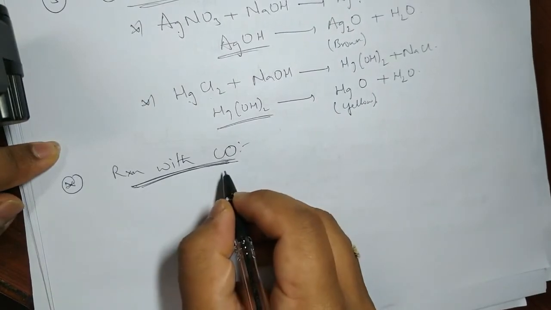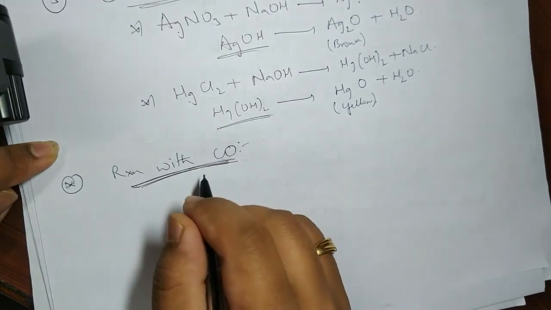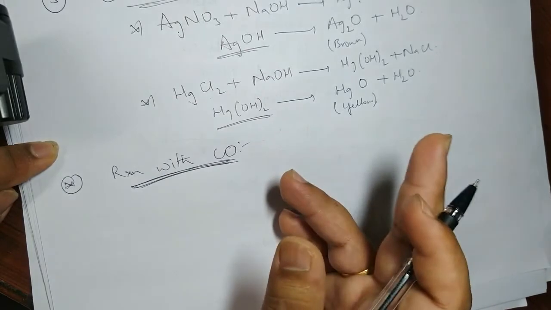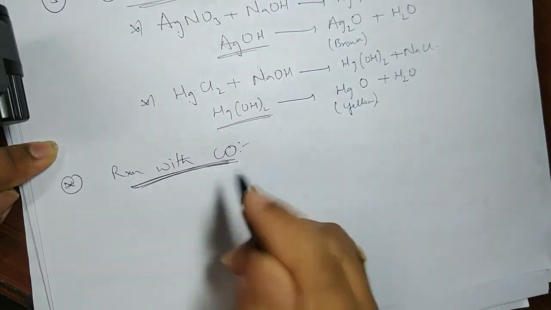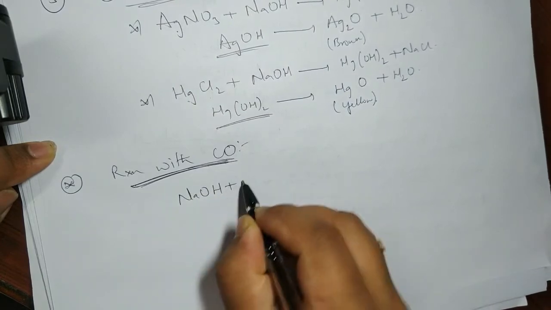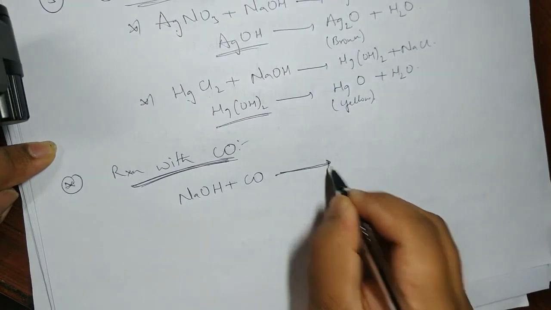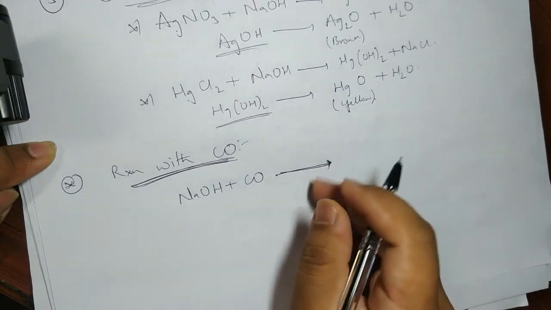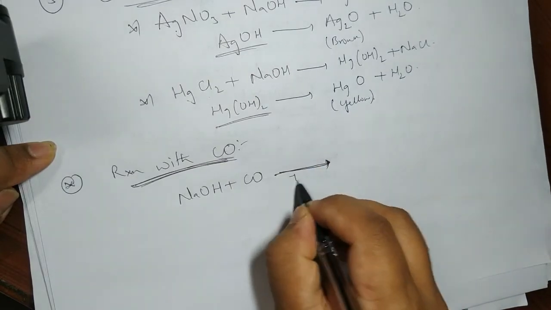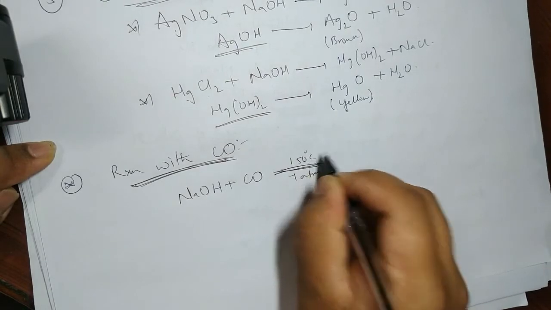So reaction with carbon monoxide: sodium hydroxide forms a carboxylic acid salt. I told you the other day, those present in the doubt session, the reaction is like this: NaOH treated with carbon monoxide. High temperature and high pressure are needed, somewhere around 7 atmospheres and around 150 degrees Celsius.